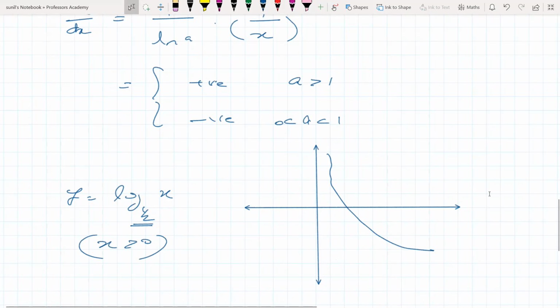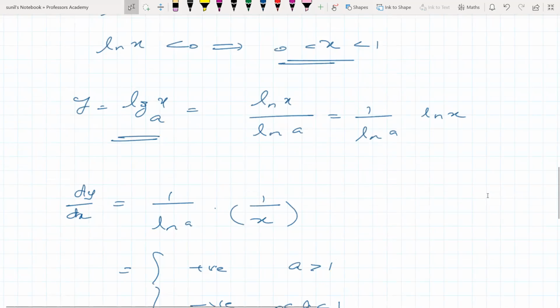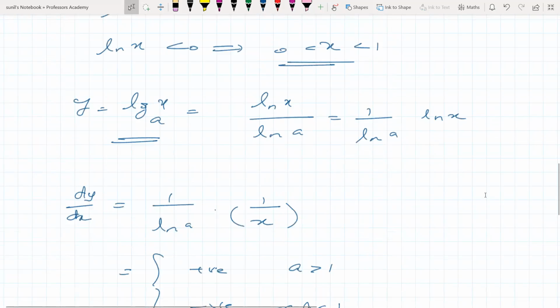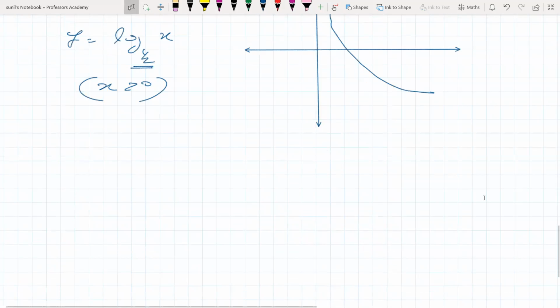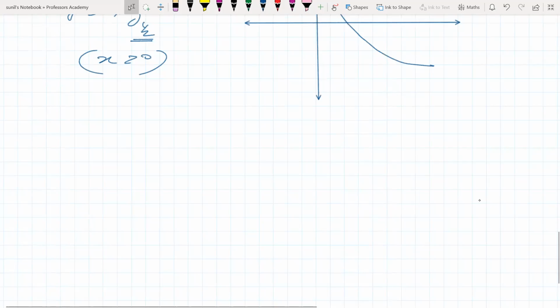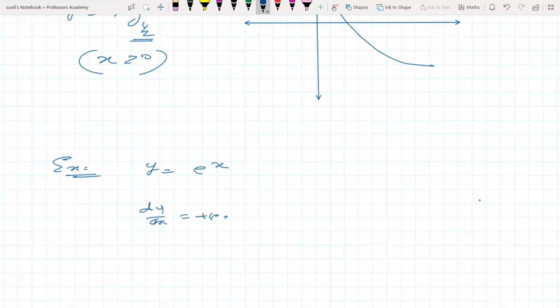So we discussed how to draw the graph of increasing functions or decreasing functions. Let me take y equal to e raised to x. So dy by dx is positive.